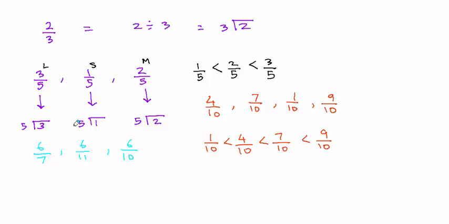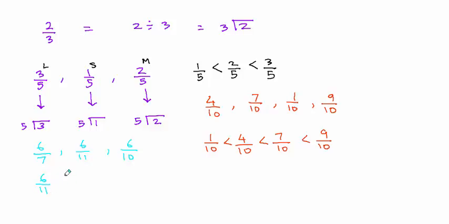So given the same dividend on three division problems, the smaller the divisor, the larger the quotient. So this time you just look at the smallest divisor and make that the largest fraction. So 6/7 is the largest and 6/11 is the smallest.